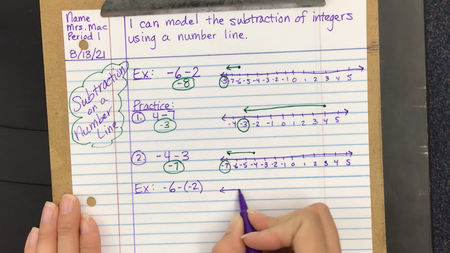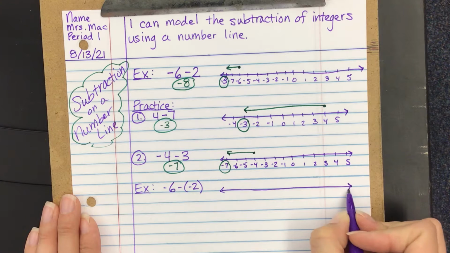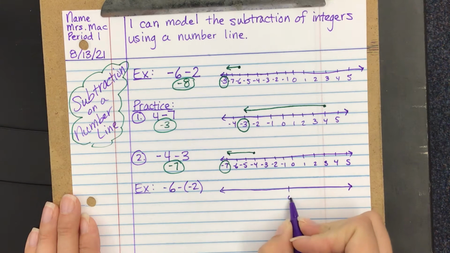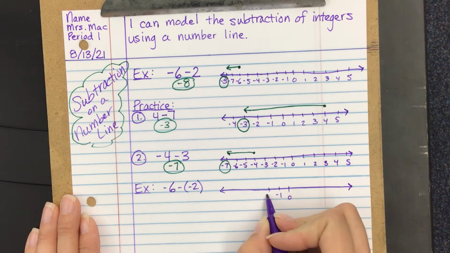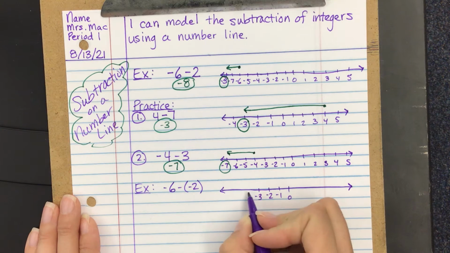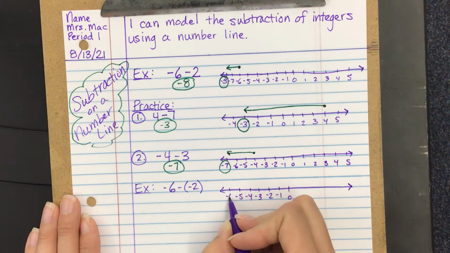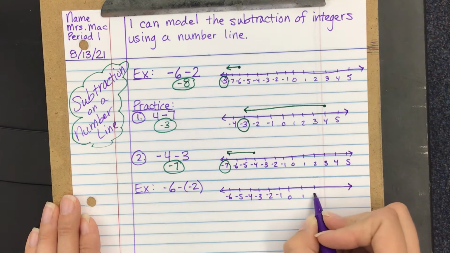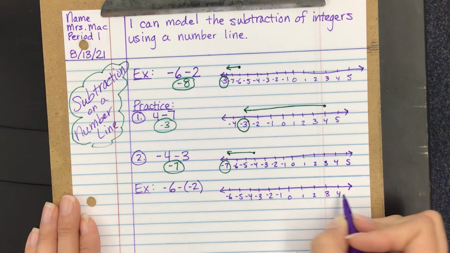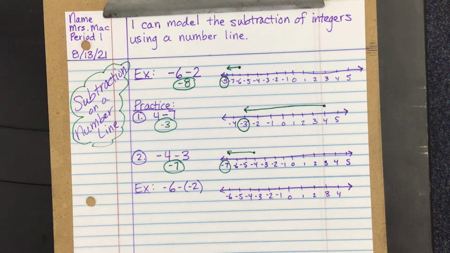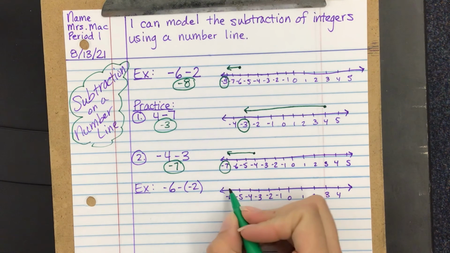I'm going to get my number line all set up. Now, just like before, we are going to start at that -6. So I'm going to put a point here at -6.